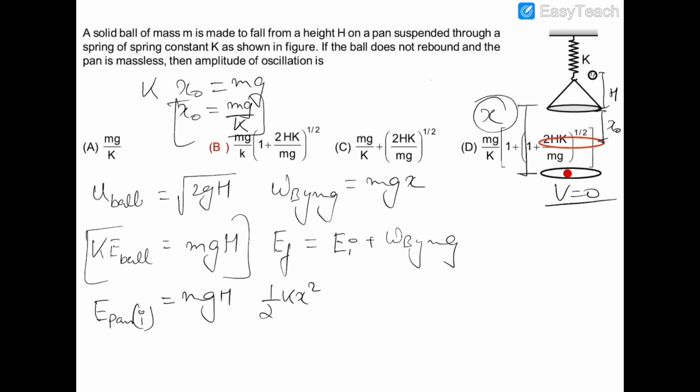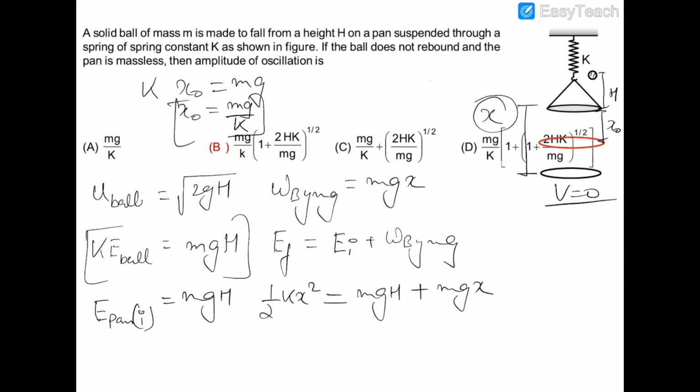Therefore the kinetic energy would be 0, and the complete energy would be the spring potential energy. Now the spring is stretched by a distance of x from the relaxed position, so the energy stored in the spring is half kx square, and that energy comes from mgh, the initial energy, plus work done by mg, which is mgx.